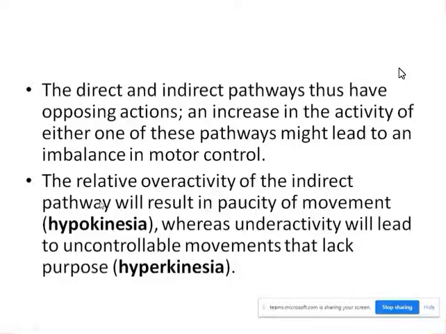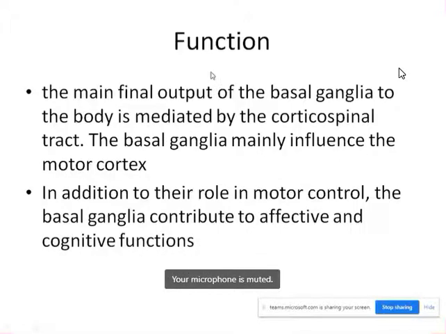Now, the main function of the basal ganglia, as I have already told you, is planning and programming of the motor movement. Ultimately, they will give the information to the premotor area, and the premotor area will give the information to the motor area.